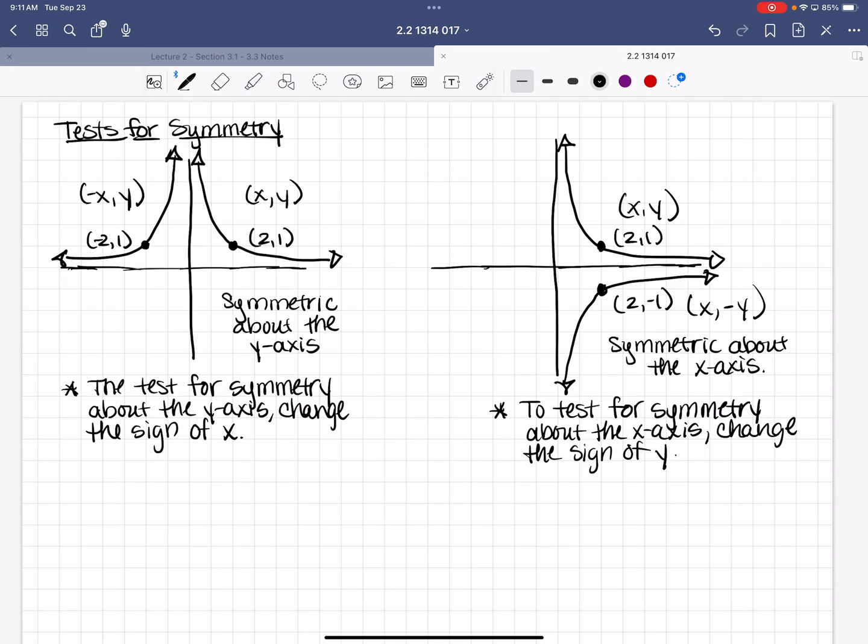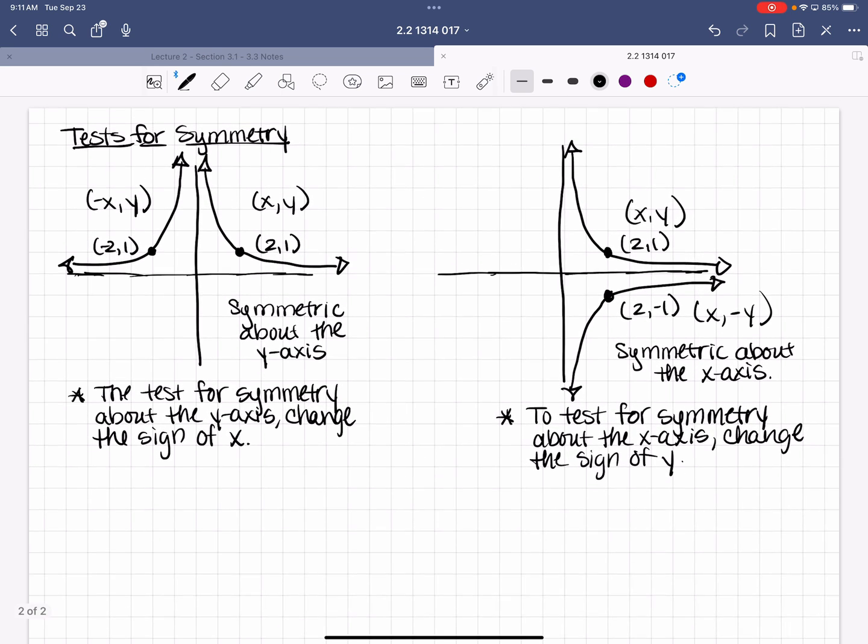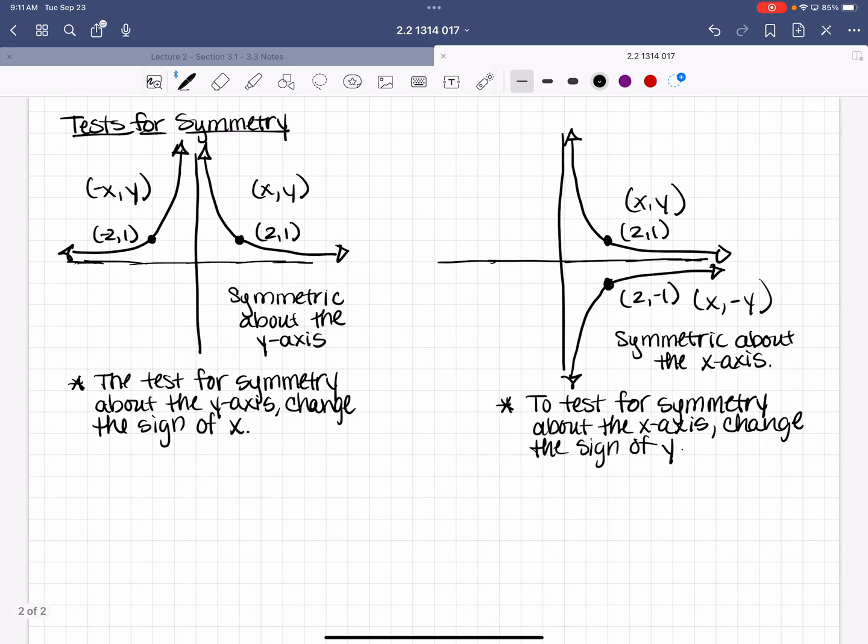Okay? Does anybody remember what we do for the origin? X and y. Origin is pretty much a double flip. You flip it over the y, you flip it over the x, and there's symmetric about the origin.